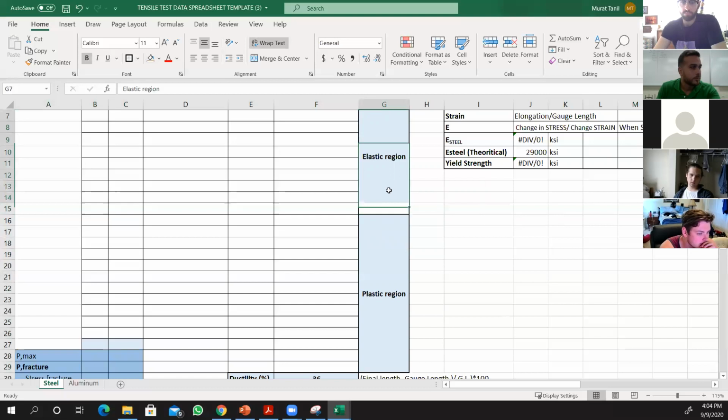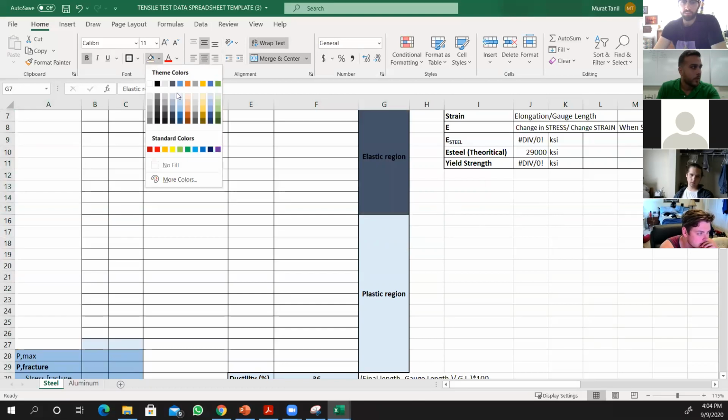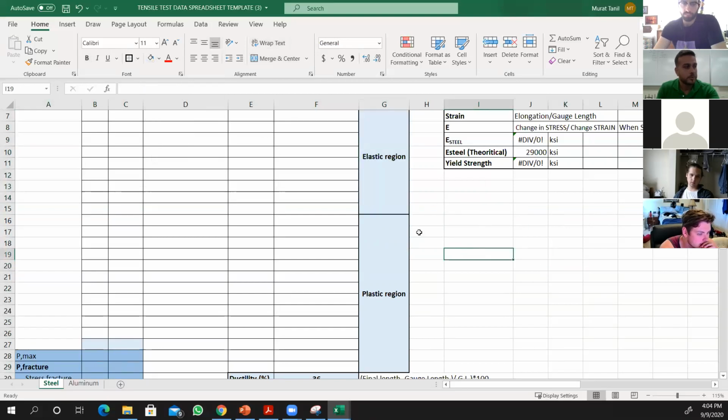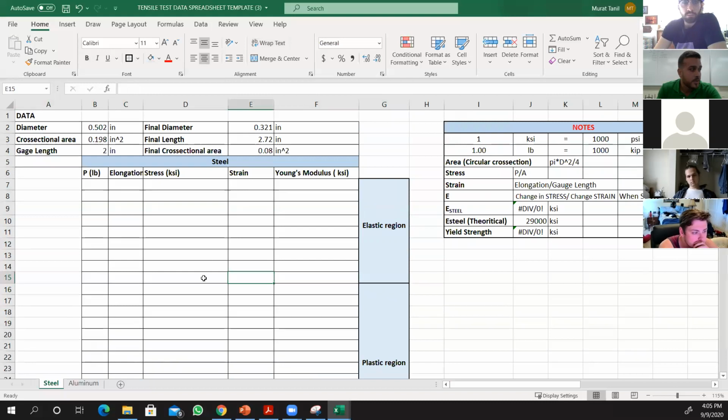Perfect. And if you are not sure about the color, there you go. So this is the adjusted version. I'm assuming that my elastic region ends right here. Let's say this is 36 KSI. At this point, the elastic region ends and the material gets into the plastic stage. Make sense? So this is how you adjust it.